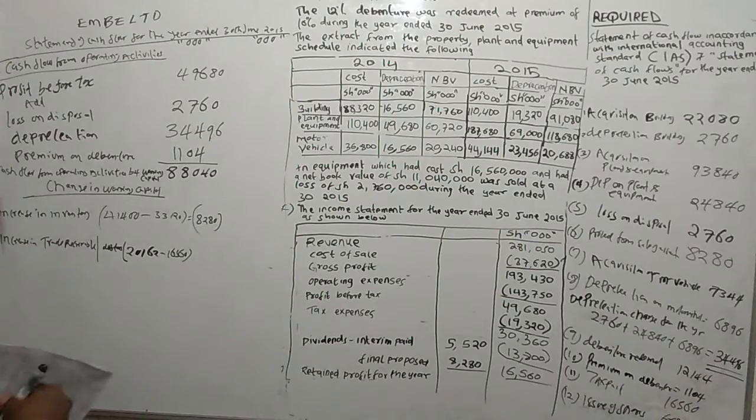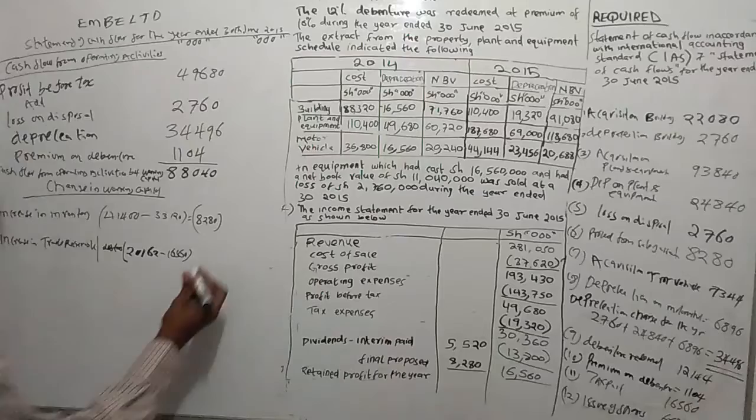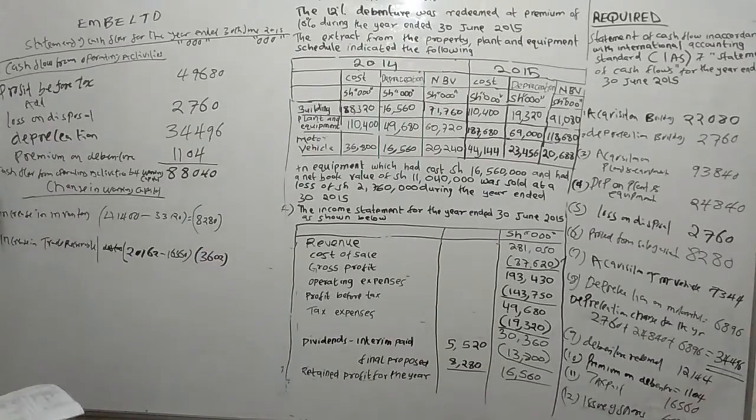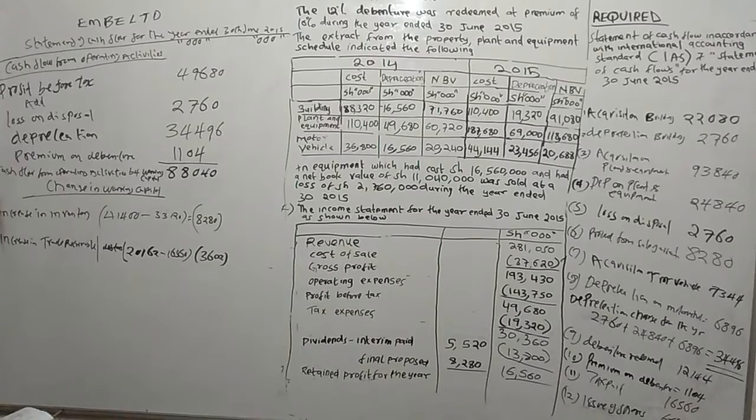That will give me how much? Getting 36,02. That will be an outflow, since it is an increase.